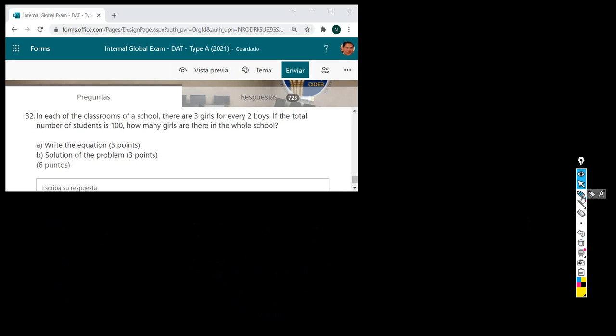32. In each of the classrooms of a school, there are 3 girls for every 2 boys.